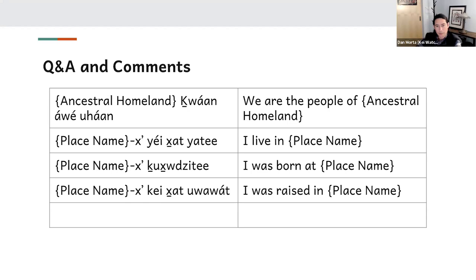And then add a pinched X at the end. Deshuch. And then say this.